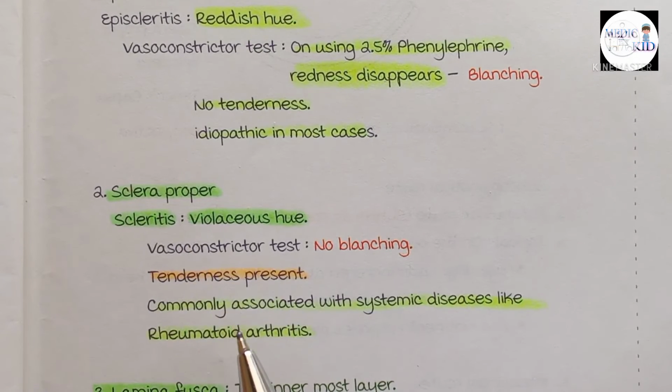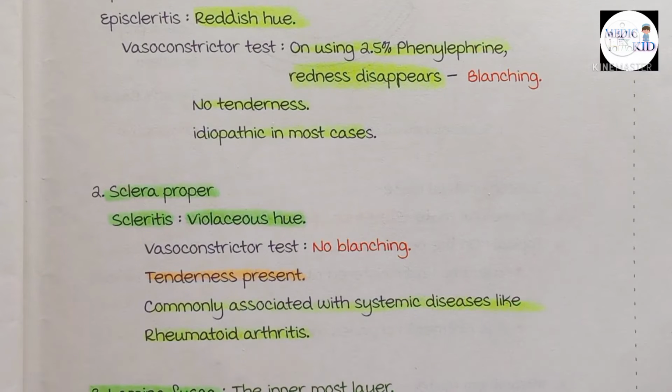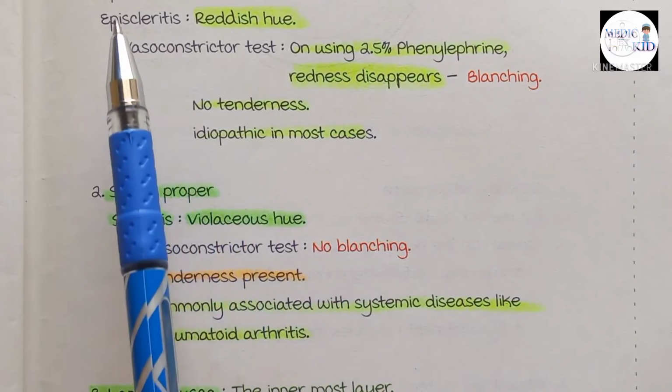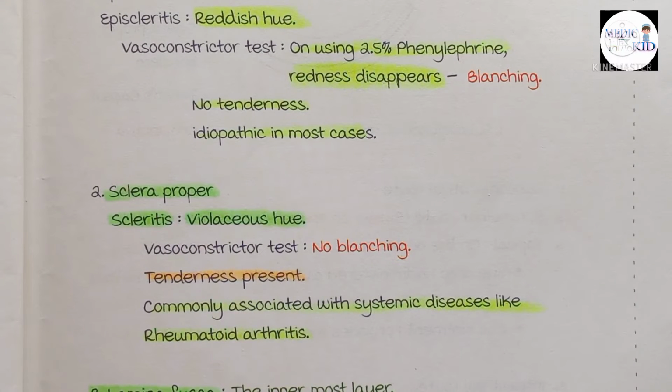Because of that, there is no vasoconstriction, and because of that, there is no blanching. One thing you should always remember: tenderness, meaning pain on touching, is present in scleritis, and no tenderness is present in episcleritis.